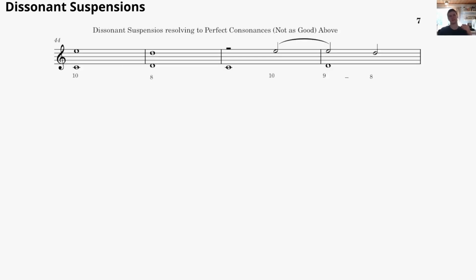Here we have more dissonant suspensions, and we're still working above the given melody. But in this case, the dissonant suspensions are resolving to a perfect consonance. So this is not as good. Here we have a 9-8 suspension.